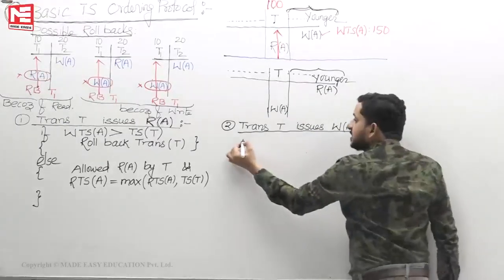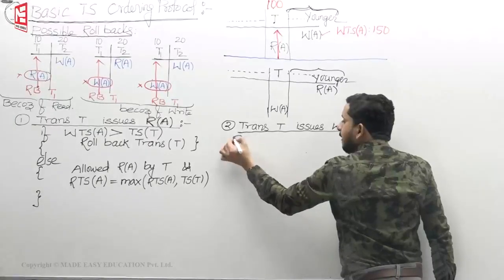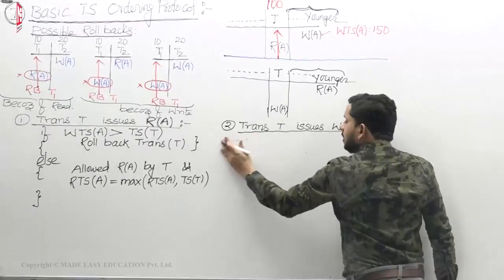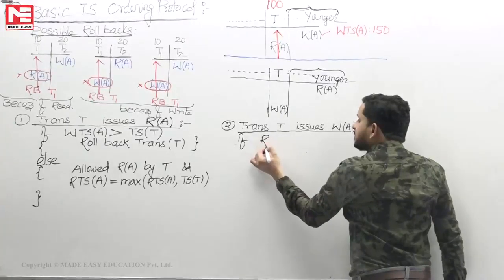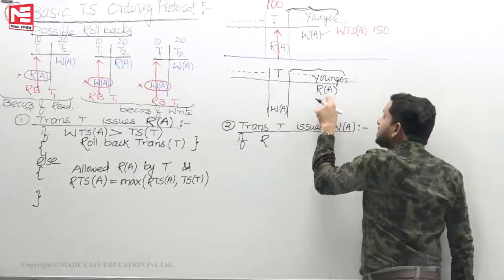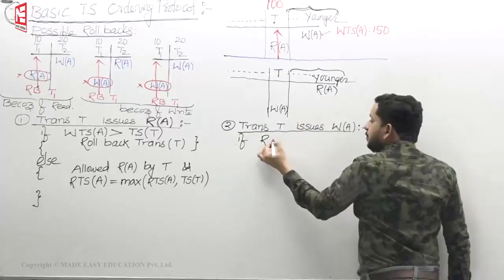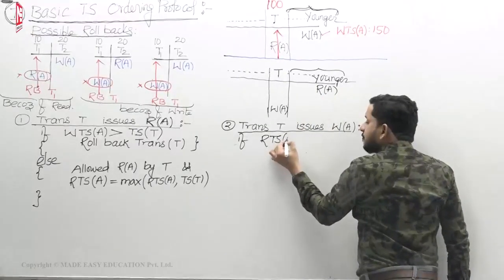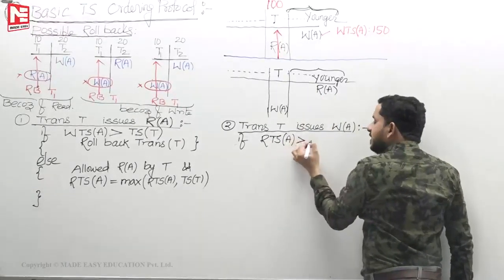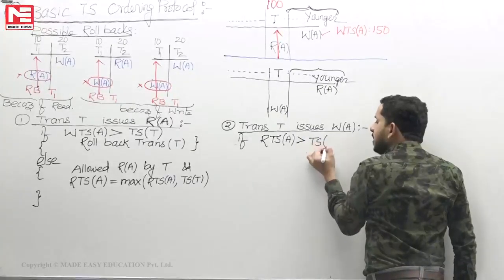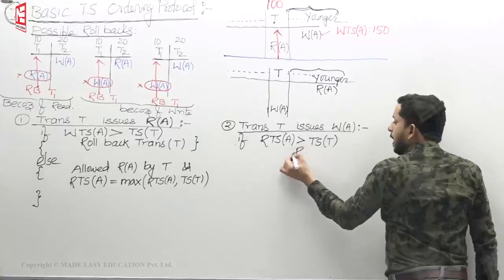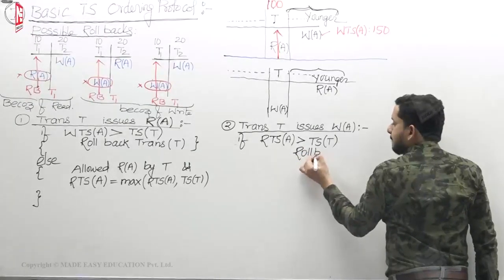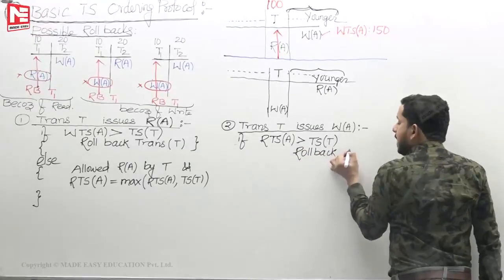How do we test that condition? If the read timestamp value of A is greater than the transaction timestamp value of T, then roll back T.